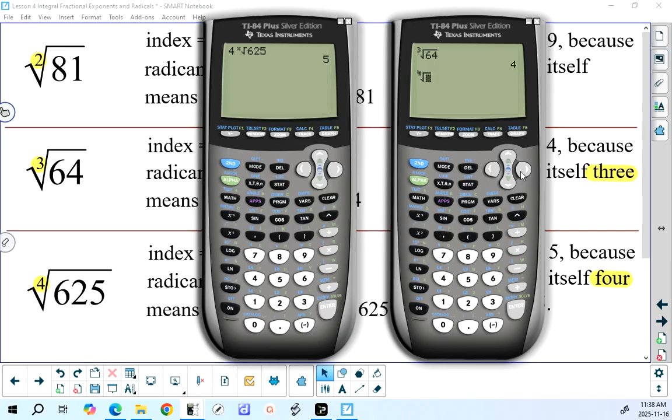Then we can enter 625. I don't use this mode very often, so I'm just curious. I think I could just enter 4 and then xth root, and it will insert that 4 in there. So you enter it in the same order as on the calculator on the left, but it looks a lot better.